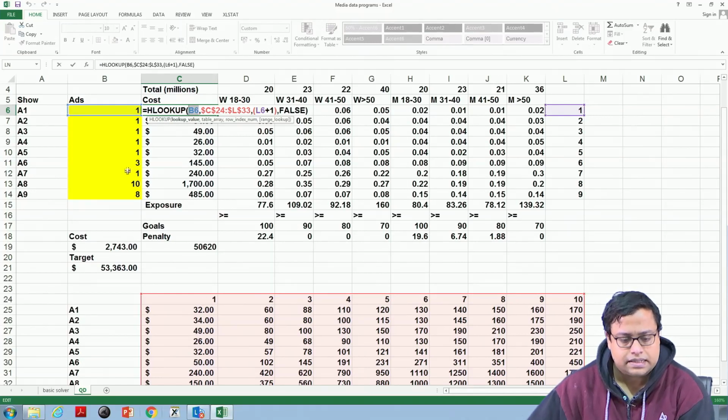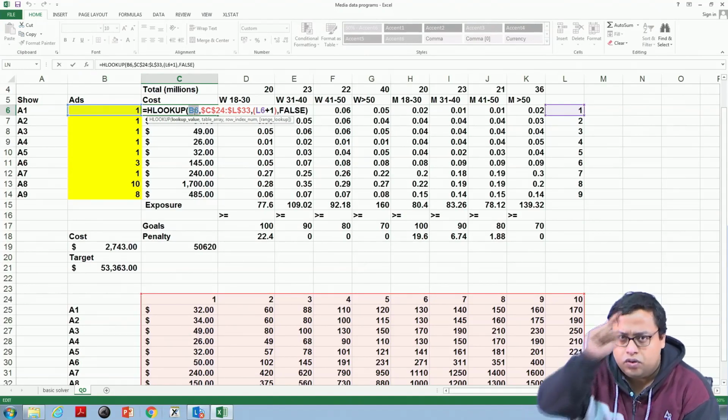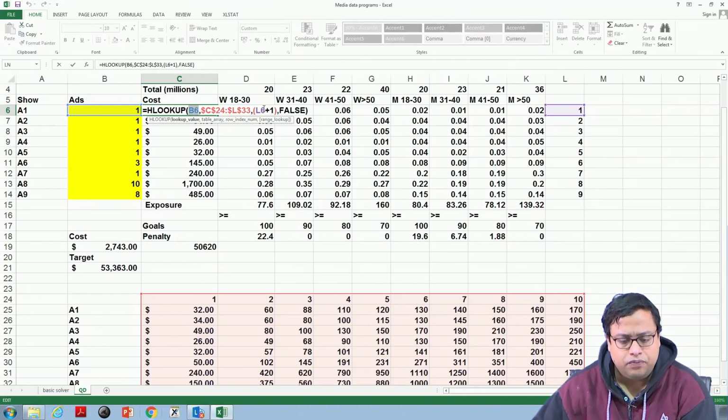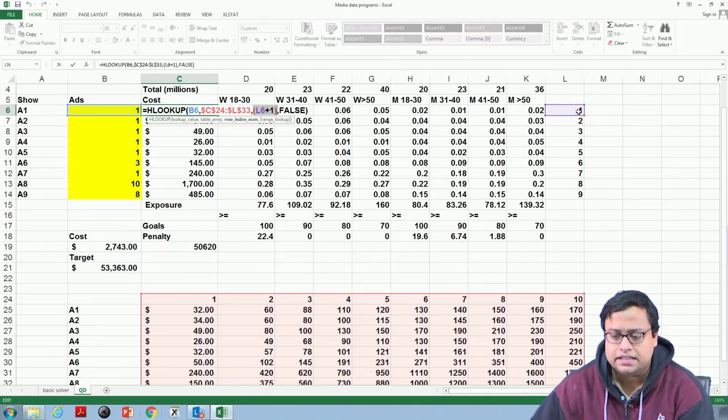If in the next case it is 10, it will find out in this column, and so on. So, HLOOKUP means row wise finding out, then from which row it will pick up the value: L6 plus 1. So, L6 is the first guy, so it is for A1. So, that is why it is 1.